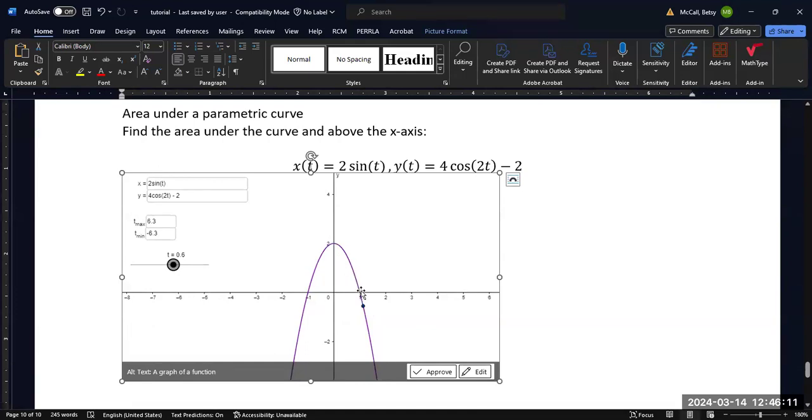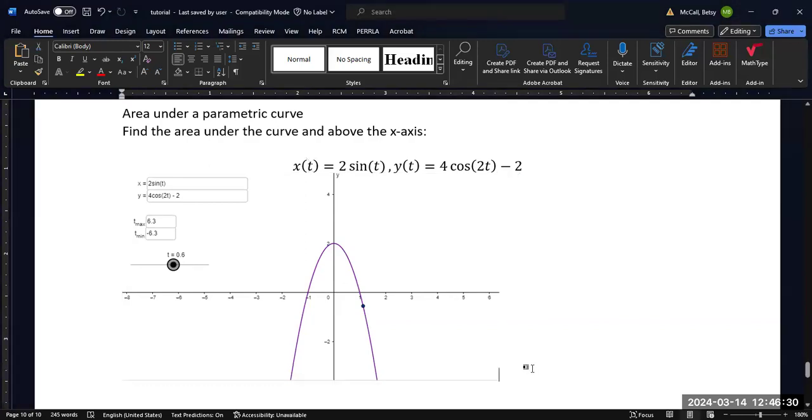And the way that we determine the values of t that are going to be our bounds, since they're not specified in this particular example, since we're intersecting with the x-axis, we would want to know when the y function is equal to 0. Now, in many of these problems, they will tell you the values of t that they want you to do the integration under.